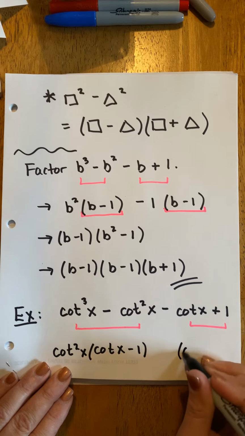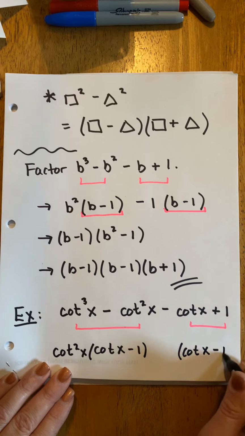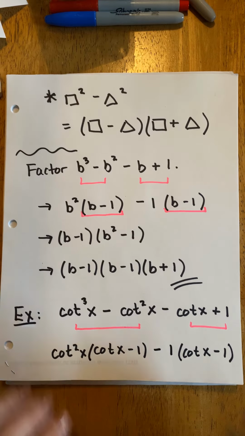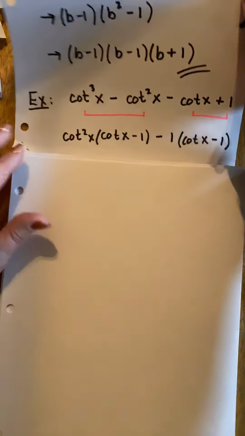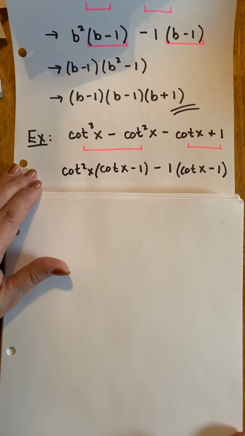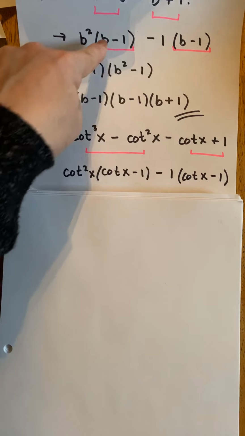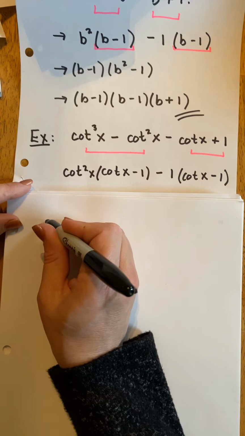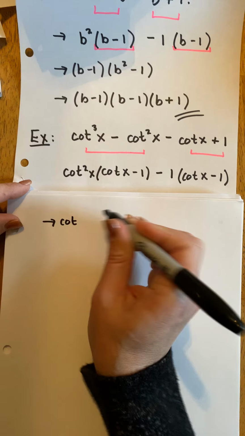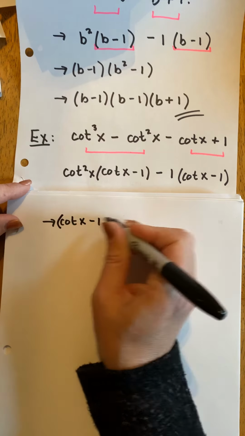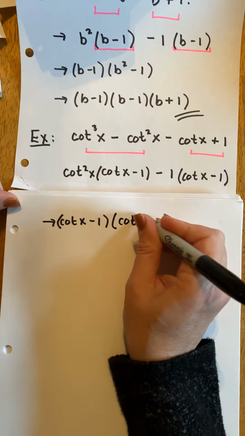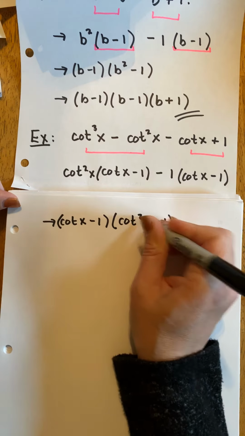Now in order for the grouping to work, this has to have the same term, cotangent minus 1, so we can pull out the minus 1. Now we notice that they share, just like the upper expression shared the b minus 1, this shares the cotangent of x minus 1, so we're going to write this as the cotangent of x minus 1, and then what's left is the cotangent squared minus 1.